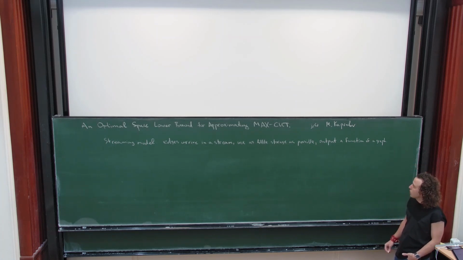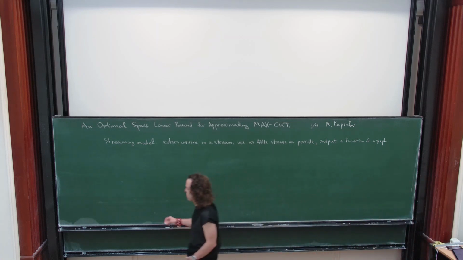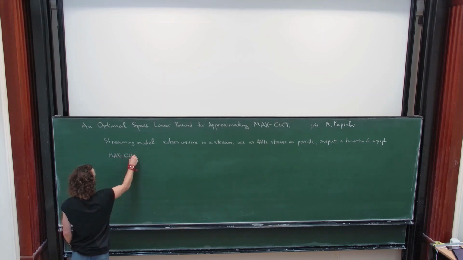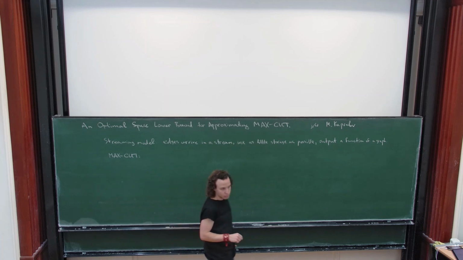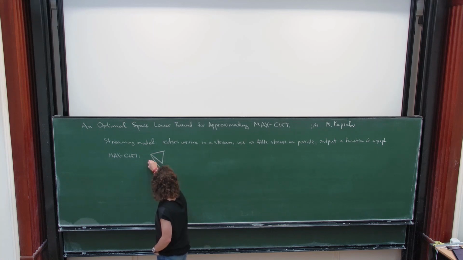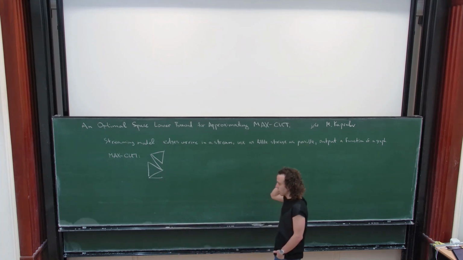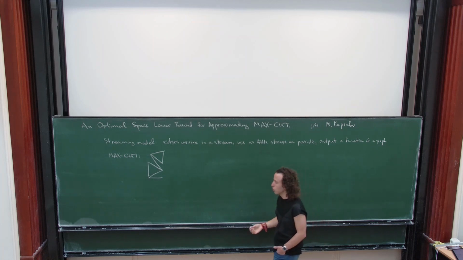So what is the problem that we are going to be looking at? This is the problem of approximating max cut. What is max cut? Given a simple graph, something like this, the max cut is just the maximal number of edges you can cut by a partition of vertices.